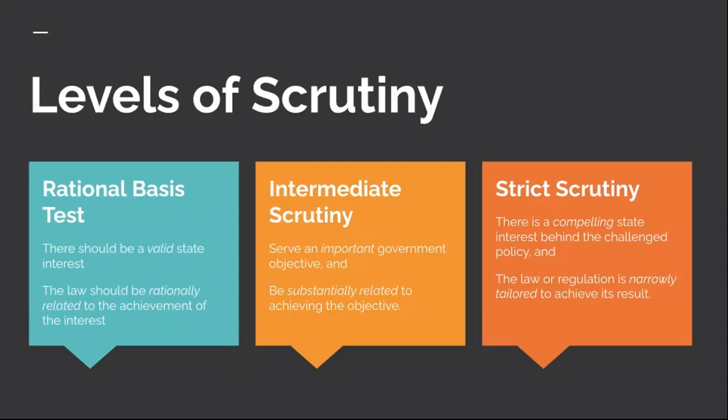First, that there is a compelling state interest, that is to say, it affects literally the lifeblood of the entire nation. So the reason why you have it is to protect a compelling state interest. And secondly, the state has the responsibility to prove that the law or regulation is narrowly tailored to achieve its result. That is to say, there is no less intrusive means of getting that result.